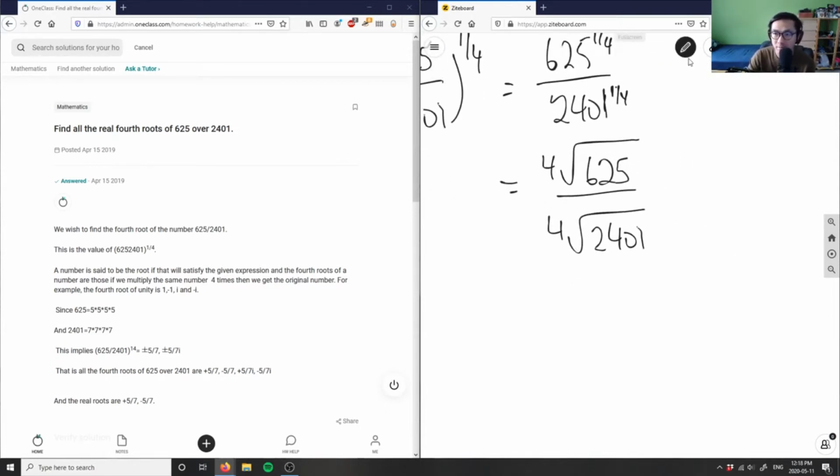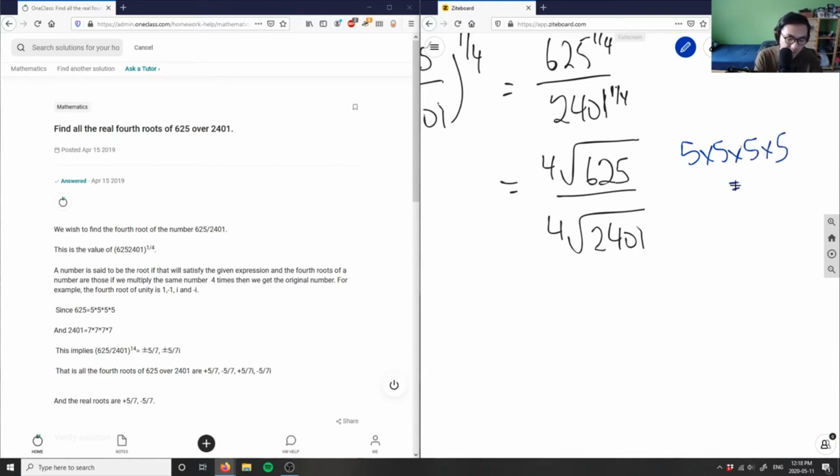In this case, I would basically use trial and error, because we don't really memorize fourth roots. Just by inspection, I'm looking at 625. The factors are either 5 or 15, right? Because it ends in 5. So let's try 5. If I have 5 times 5 times 5 times 5, would that equal 625?